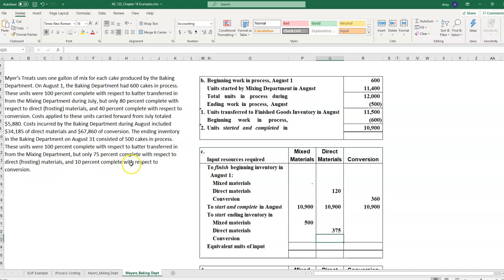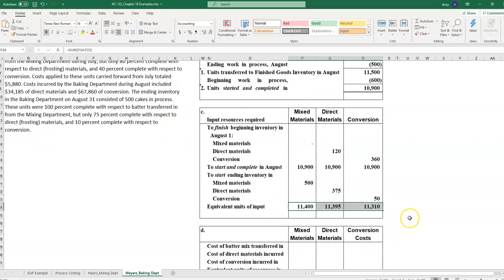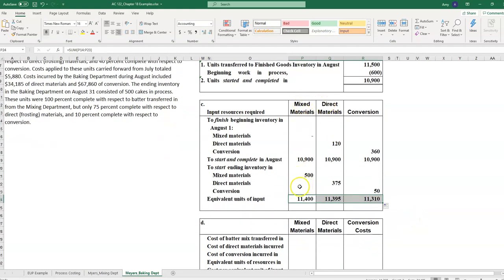And we're 10% complete for conversion, so we'll take the ending 500 times 10%. We add up all of the rows, and that gives us our total equivalent units. So we have 11,400 for these transferred in from mixing, 11,395 from direct materials, and 11,310 for conversion costs.